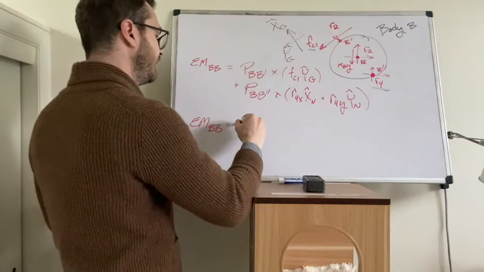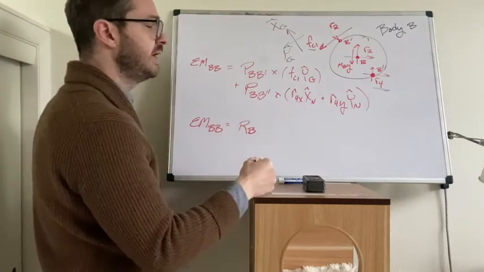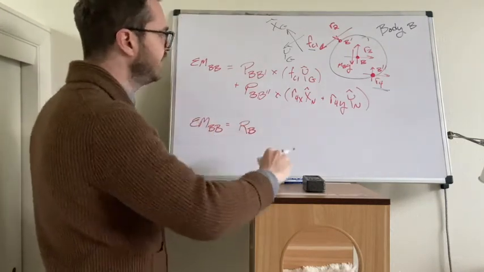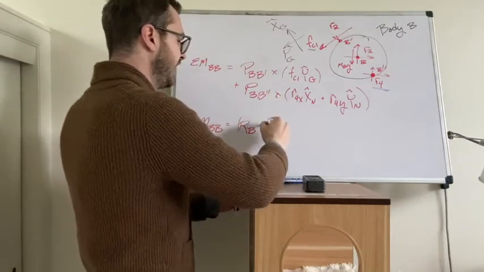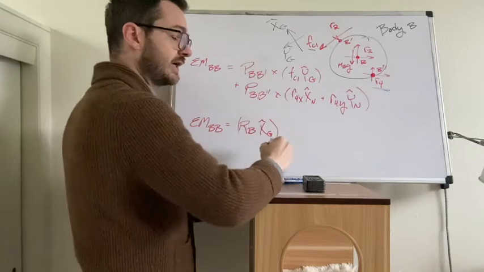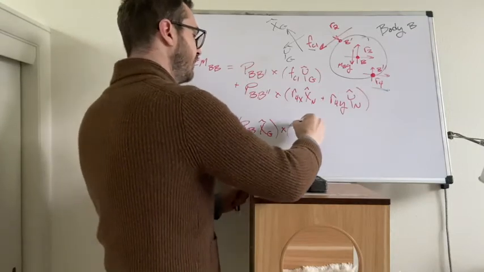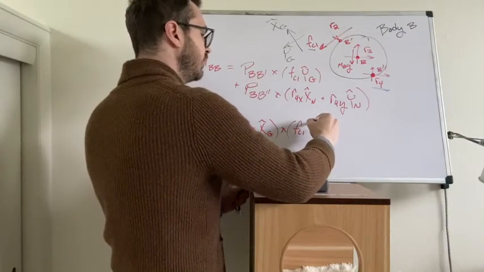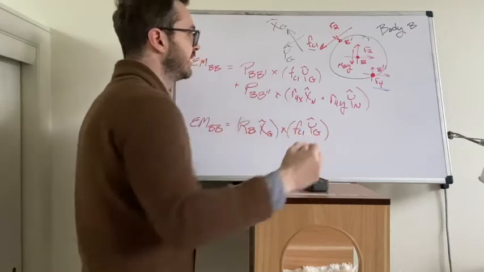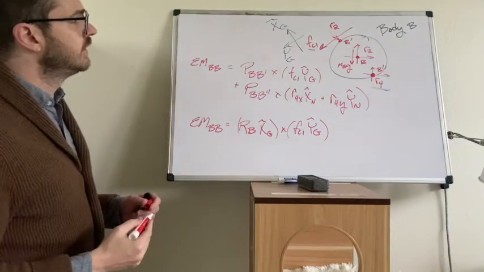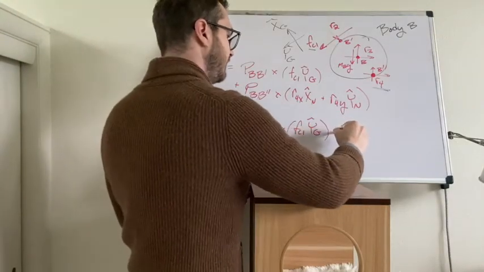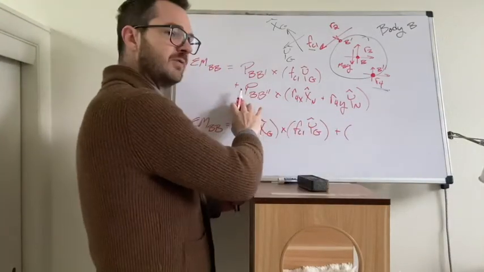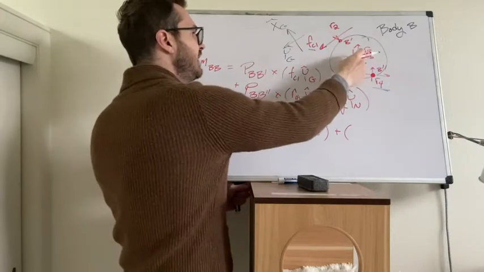We called that one RB, radius of B, and this is again in the XG direction, and we're crossing that with FC1 in the YG direction. Good. Next, plus the position vector B to B double prime.